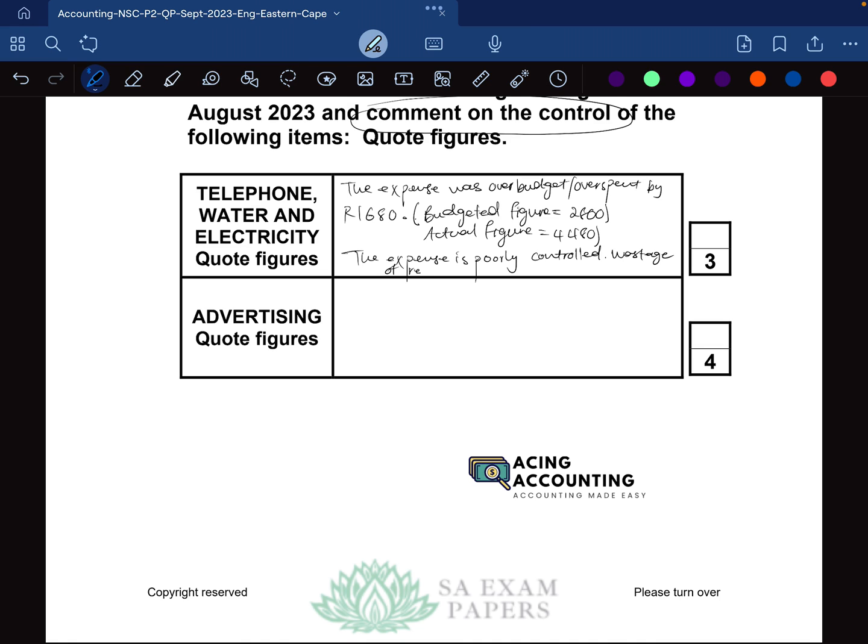Okay, and I think you could also mention there's wastage of resources, i.e. we could say employees using phone for personal calls. So just make sure that you don't yap, but you are fighting for the 3 marks. Most examiners are strict on comments, so you need to make sure that your comment is precise and straight to the point.